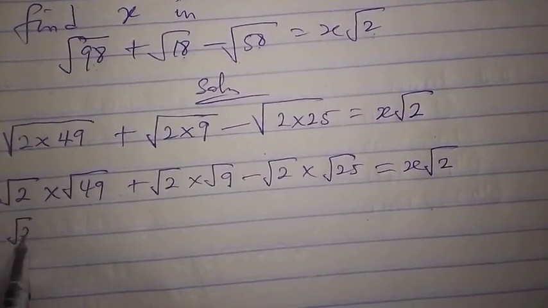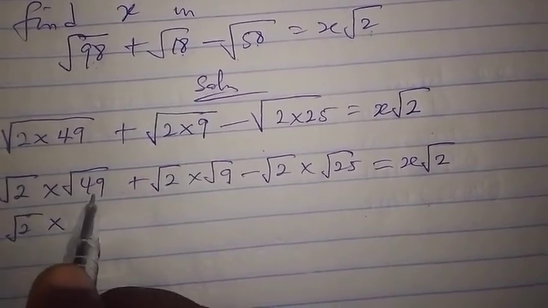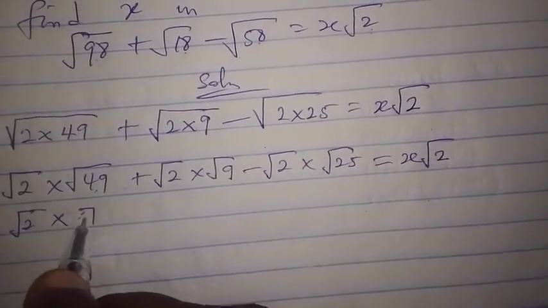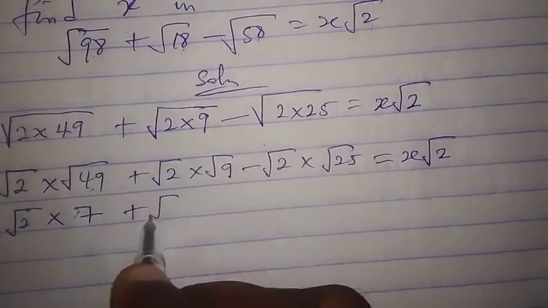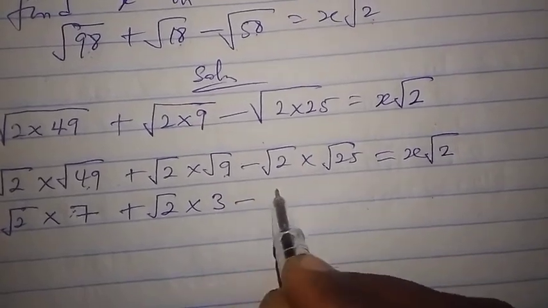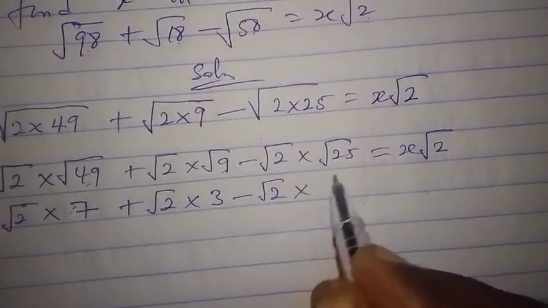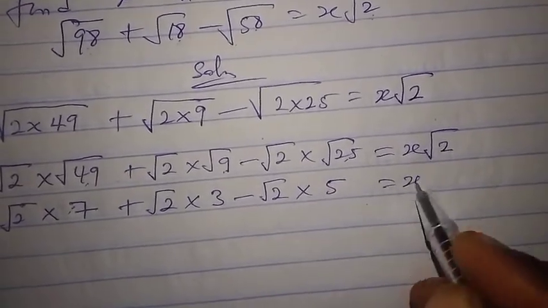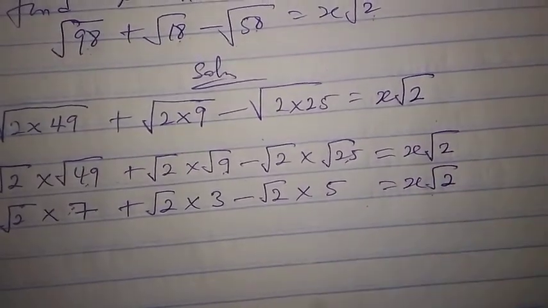So now the next thing we'll do is to square root this. We'll have the square root of 2 times the square root of 49, which gives us 7, plus the square root of 2 times the square root of 9, which gives us 3, minus the square root of 2 times the square root of 25, which gives us 5, equals x times the square root of 2.